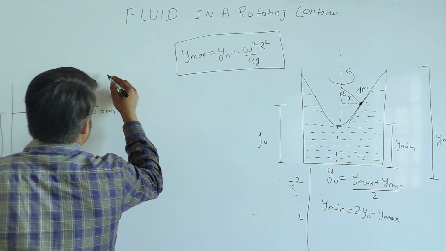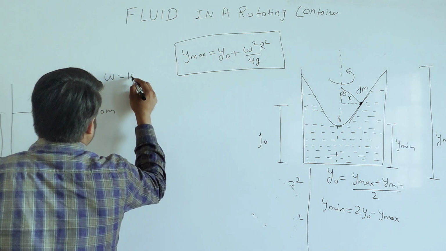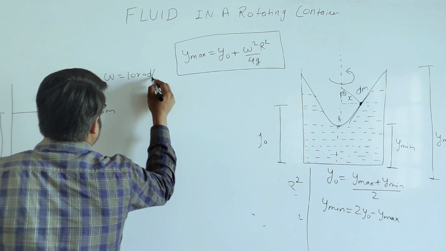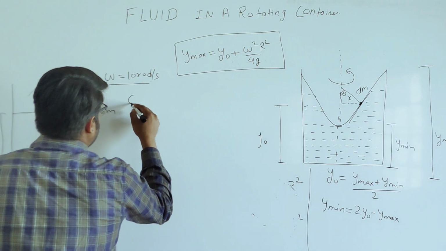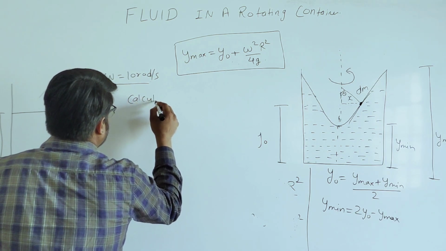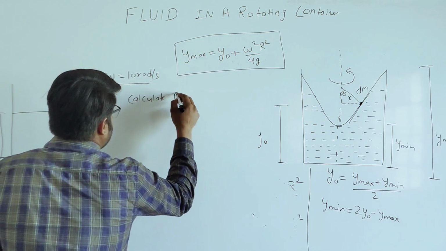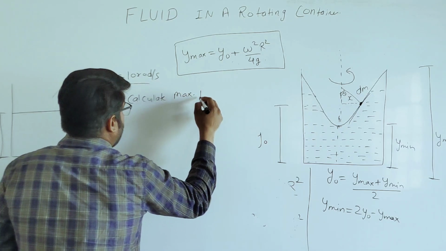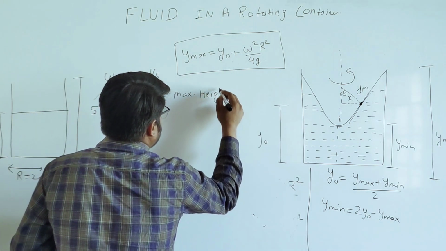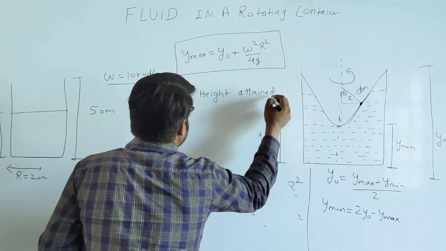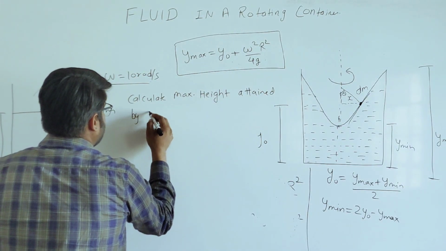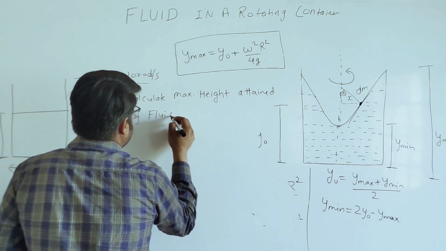Let's say omega is also given: omega is equal to 10 radian per second. The question is asked: calculate the maximum height attained by the fluid.